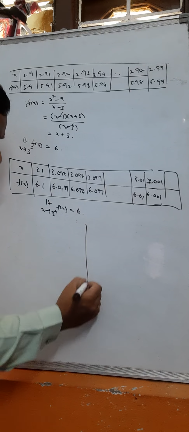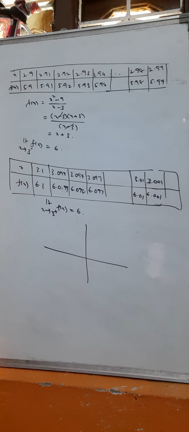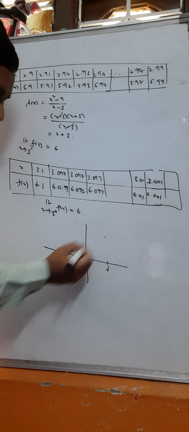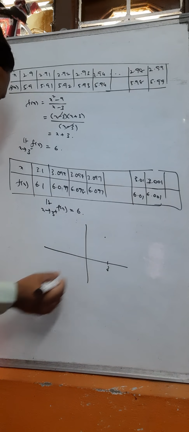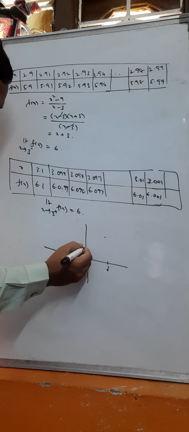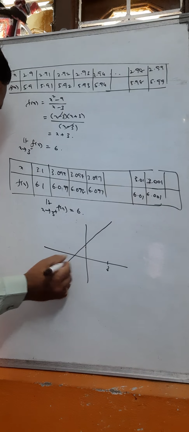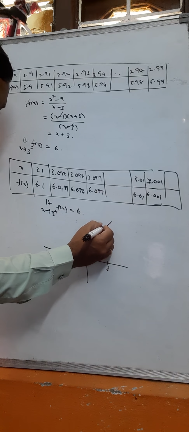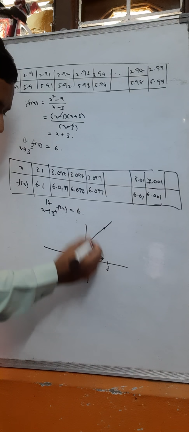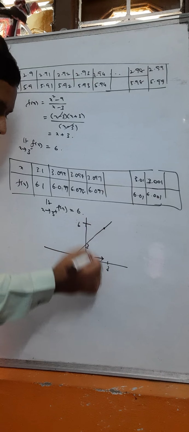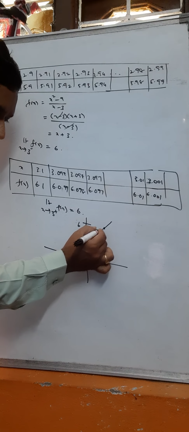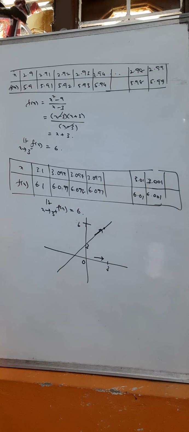Now by the diagram, here the x value is 3 and here it is 6. So the diagram will be like this, here 0, 3, and here 6. Here the value approaches 3 from the left side, then the corresponding f of x value approaches 6.